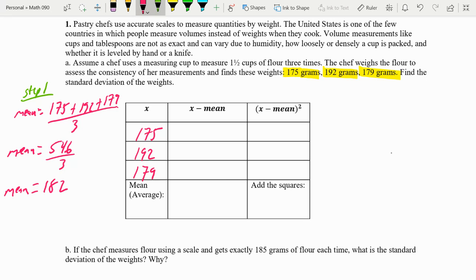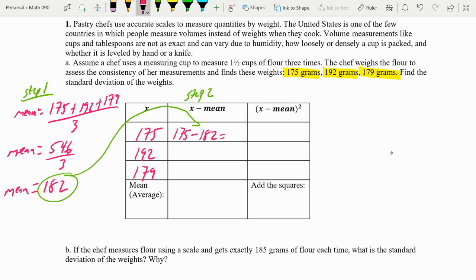Remember, step 2. Step 2 was take whatever our X was, subtract it from whatever our mean was. So I'm taking this number and I'm writing it there.